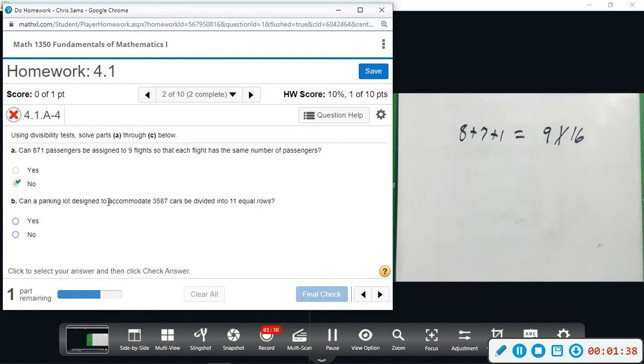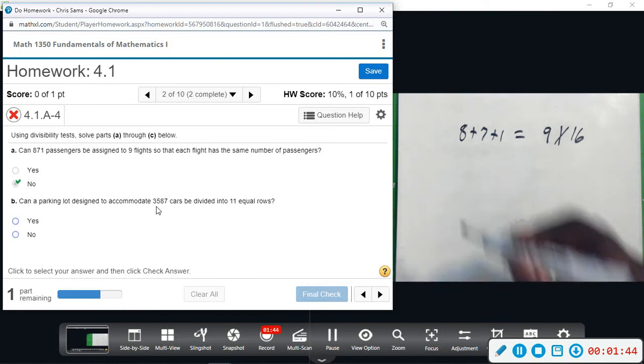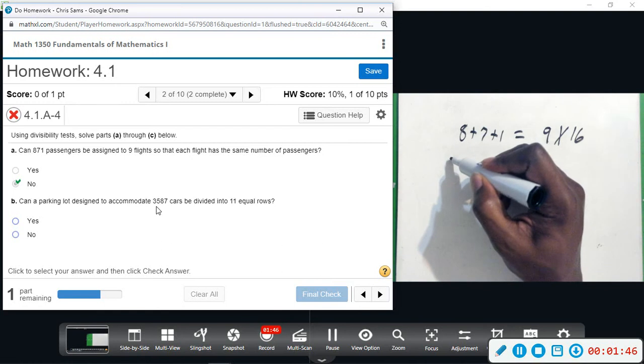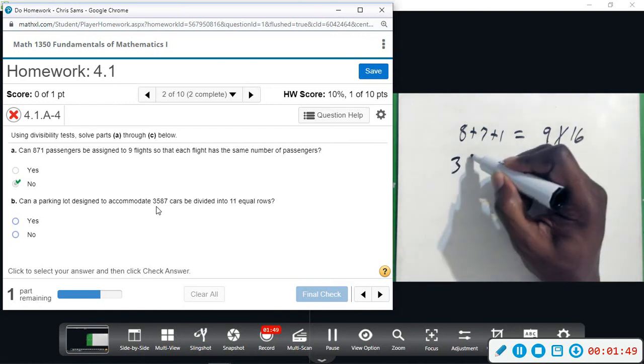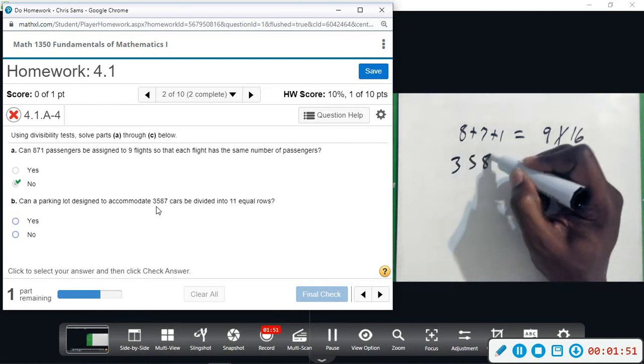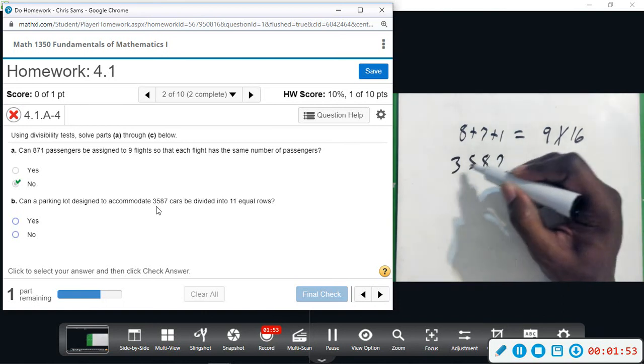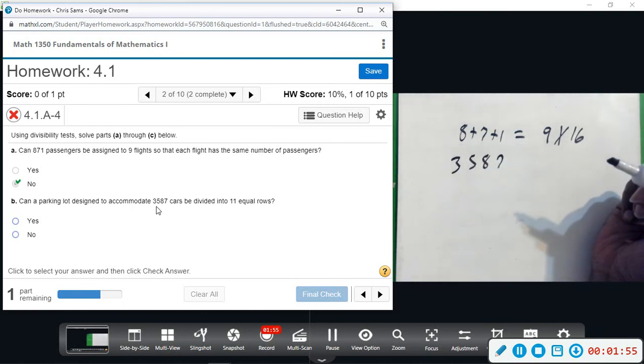Okay, cars in the parking lot, 3587. Can it be divided into 11 equal rows? I don't think before now I knew of a rule of divisibility with 11.